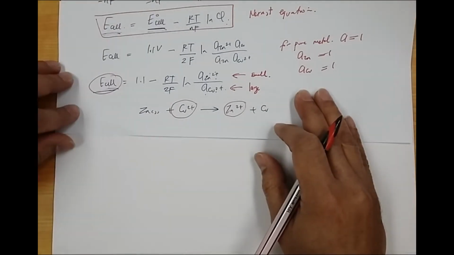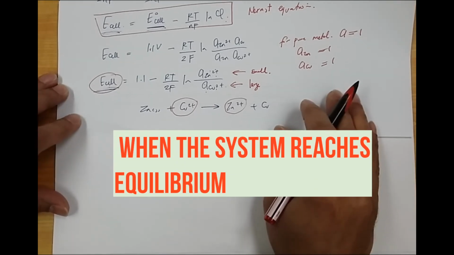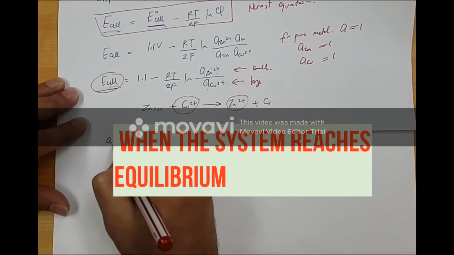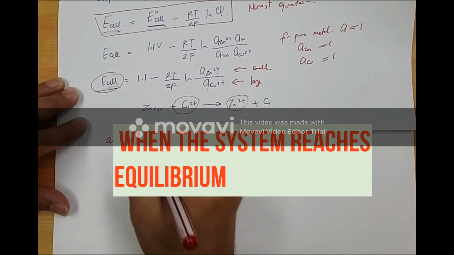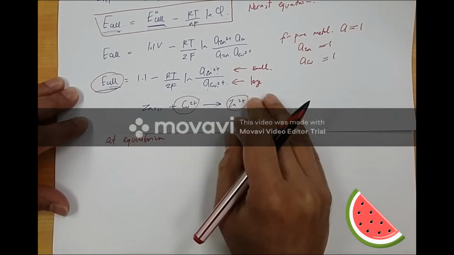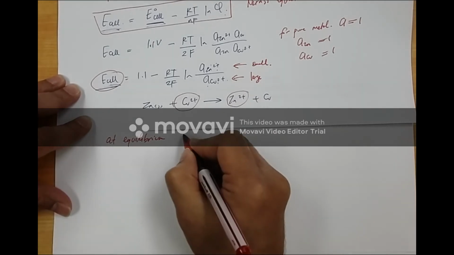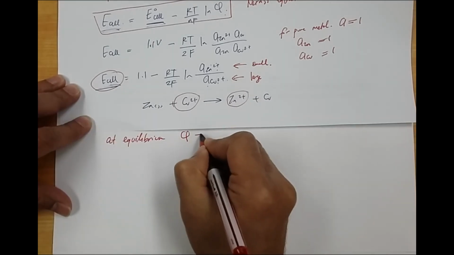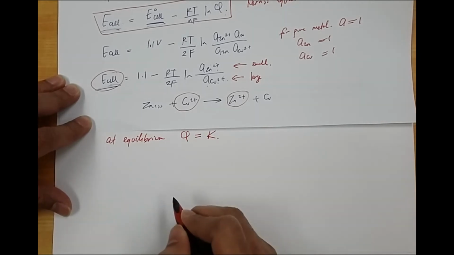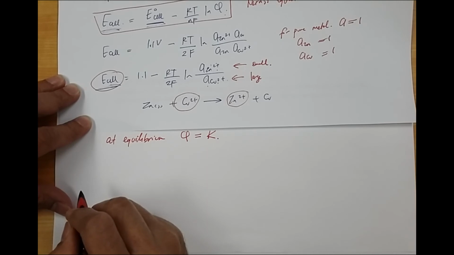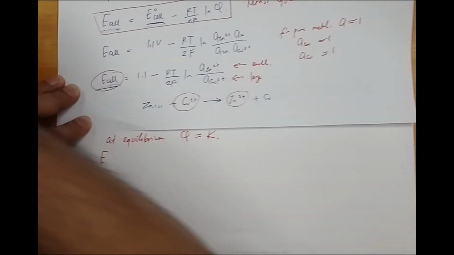All right, so next point. What happens if you are at equilibrium? At equilibrium, the Q will reach K. Let's look at the consequence for the Nernst equation.